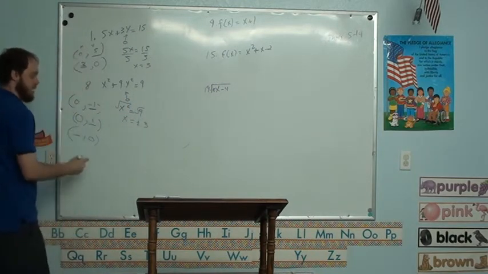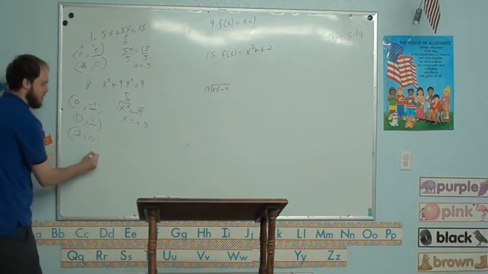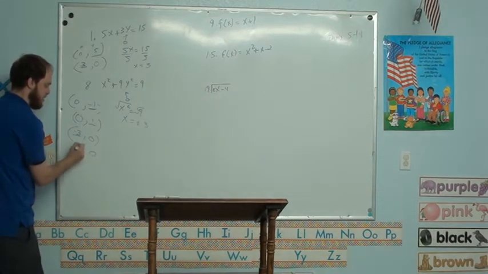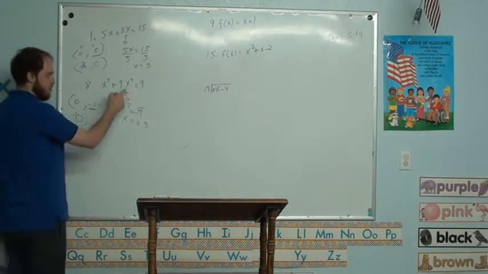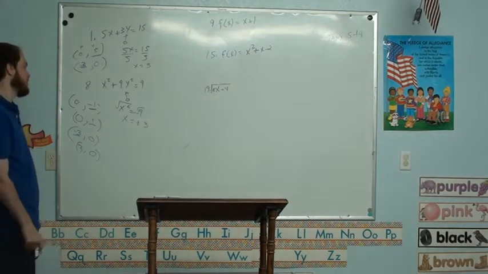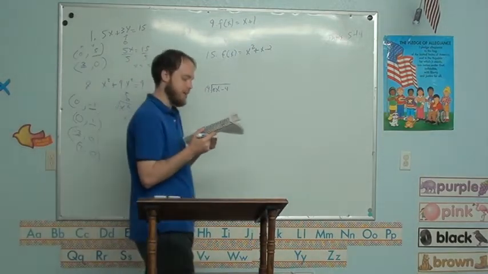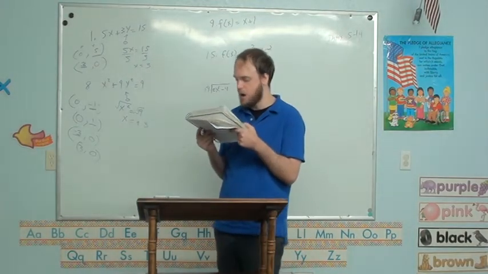So I have one answer that is (negative 3, 0) and another answer that is (3, 0), because when I plugged in a 0 for y, I got 2 answers, plus and minus 3. That is how you do 1 through 8: you plug a 0 into x, a 0 in for y, and solve.